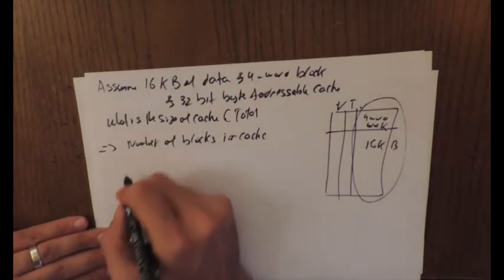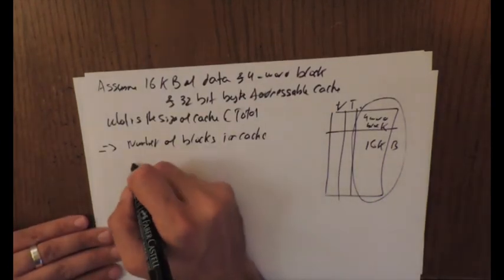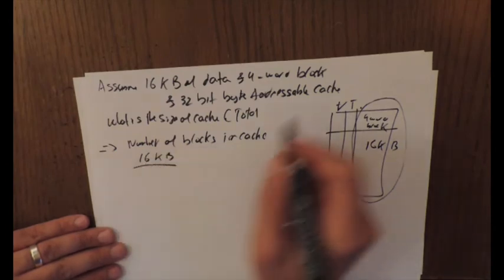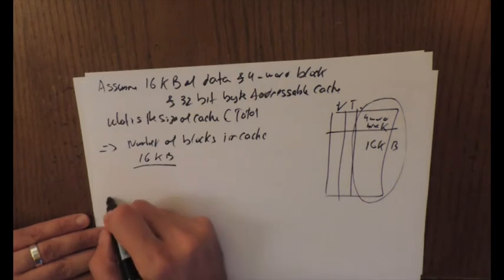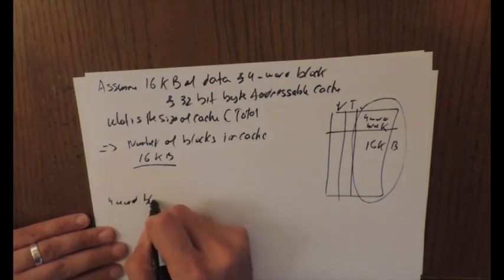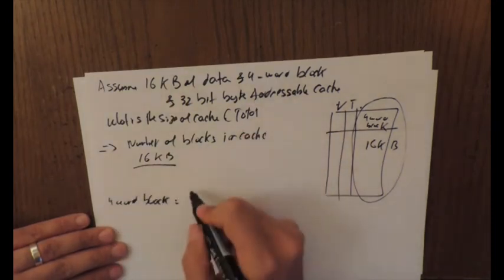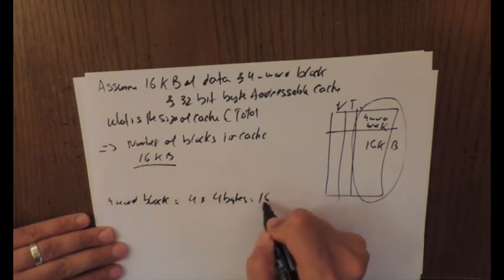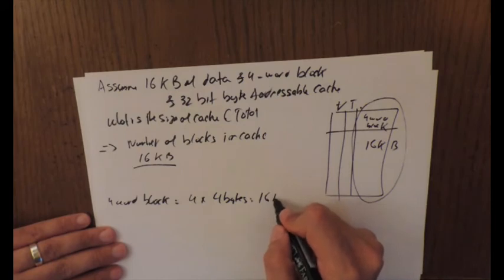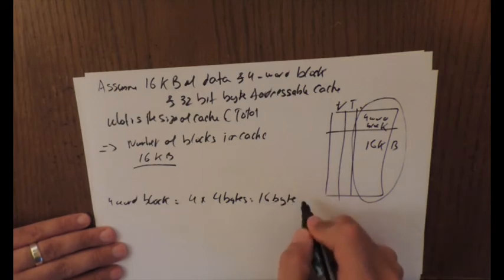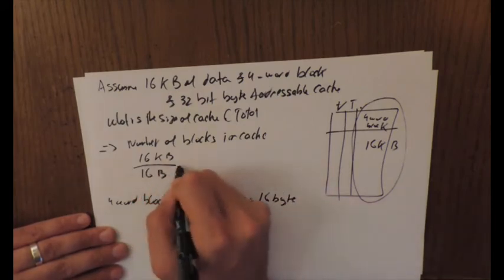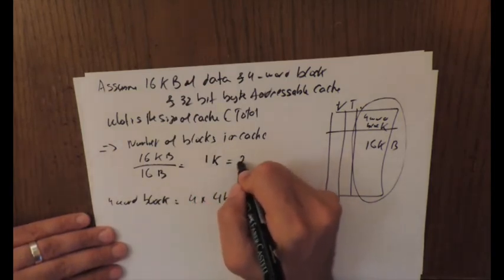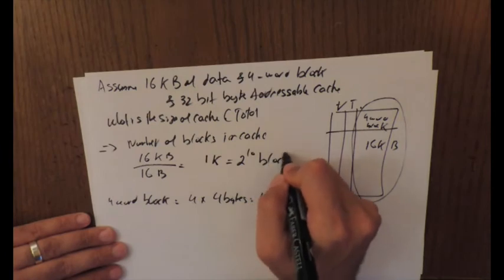So the number of blocks in the cache is actually 16 kilobytes over the 4-word block. A 4-word block is 4 times 4 bytes, since it's 32 bits, which means 16 bytes each block. So over 16 bytes, this will be 1k, or 2 power 10 blocks.